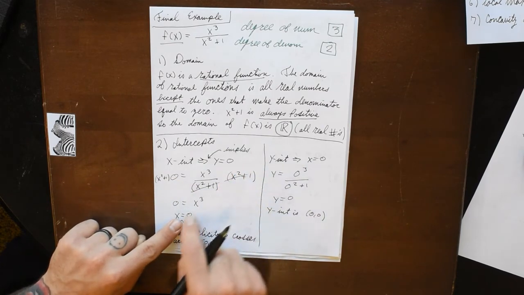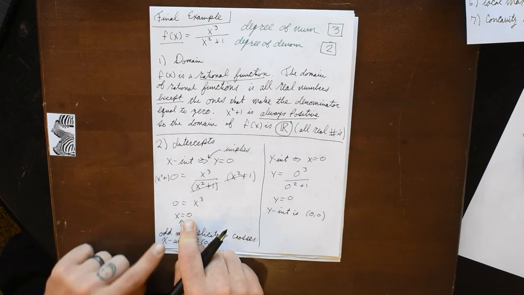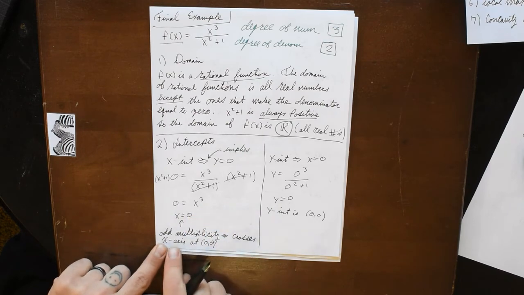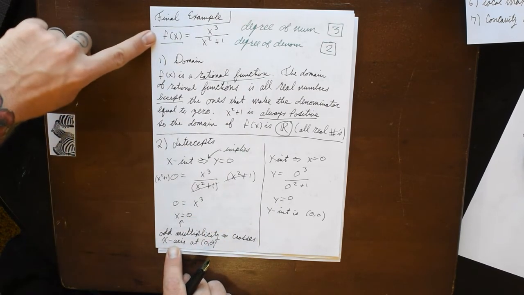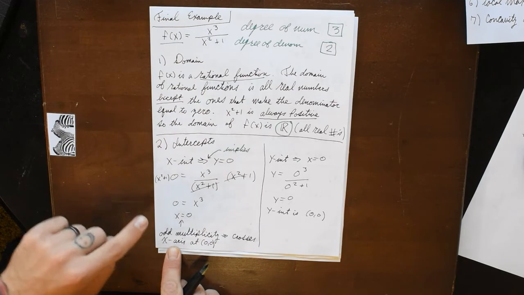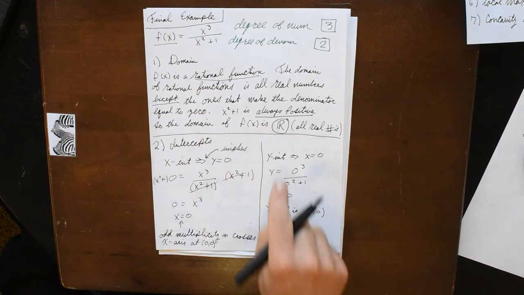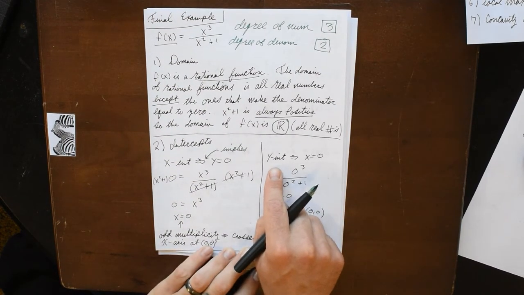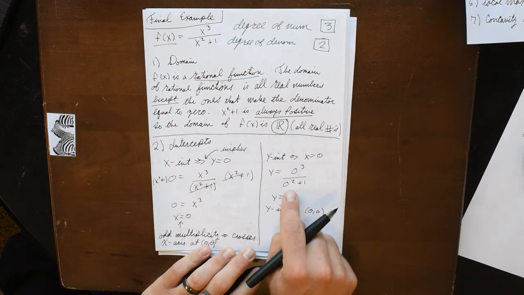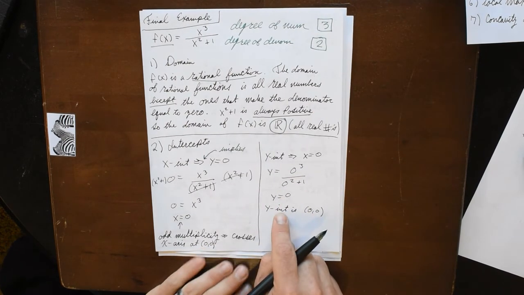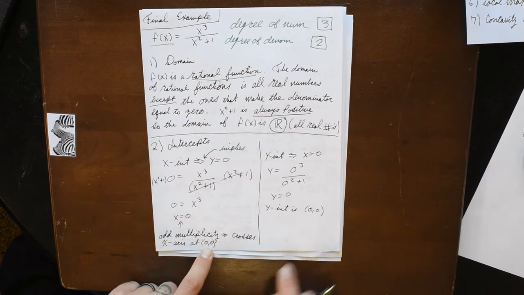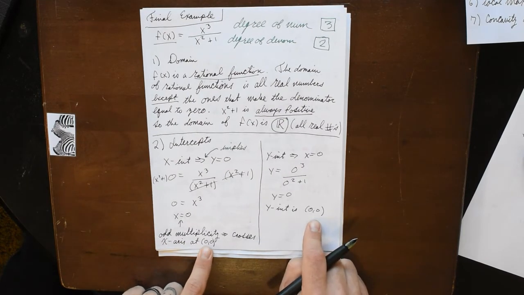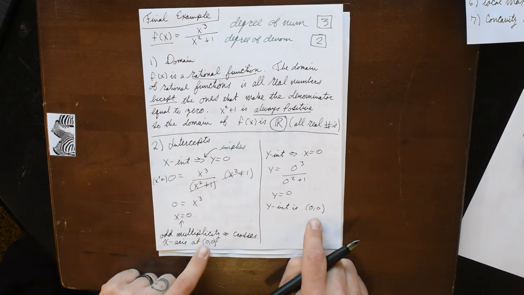When we solved for x, we got x is equal to 0. It has an odd multiplicity, so we know that the graph of this function crosses the x-axis at 0, 0. Similar for the y-intercept. For the y-intercept, we let x be equal to 0. Well, when x is equal to 0, y is equal to 0. But we knew at this point what our y-intercept was. They happen to be the same point in this equation.